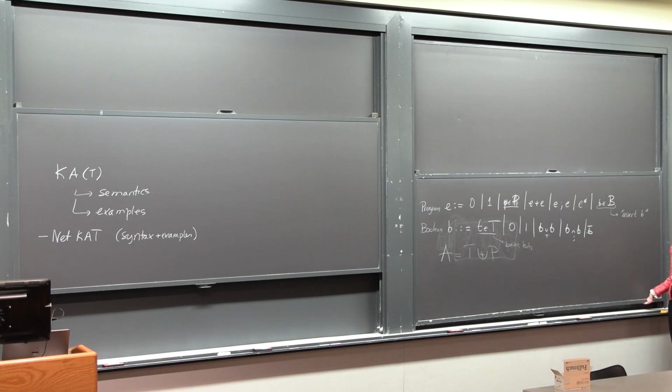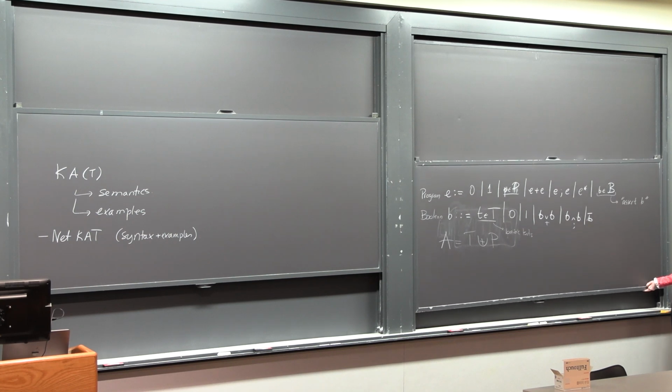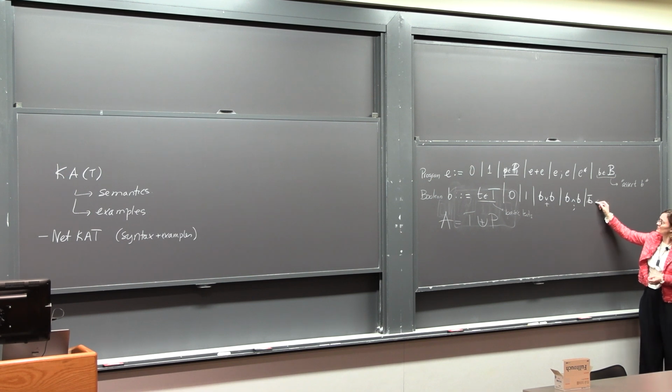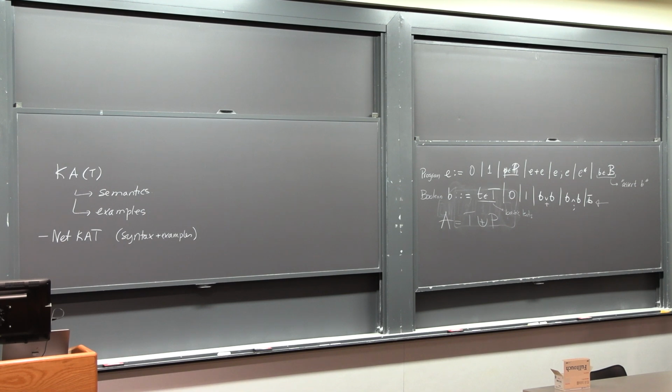So let's think a little bit about the semantics of Booleans, of the tests. And then we'll think about the semantics. So if I give you some basic tests, what is the semantics of this?